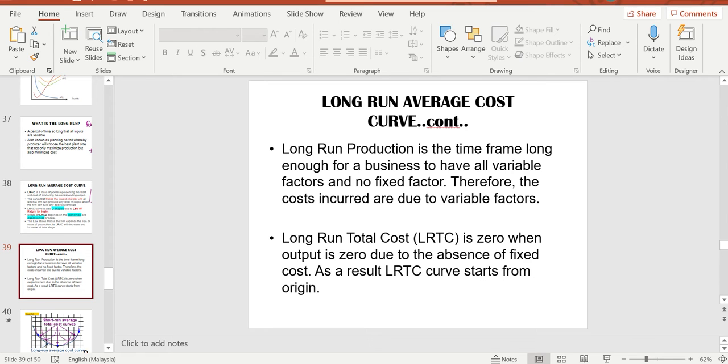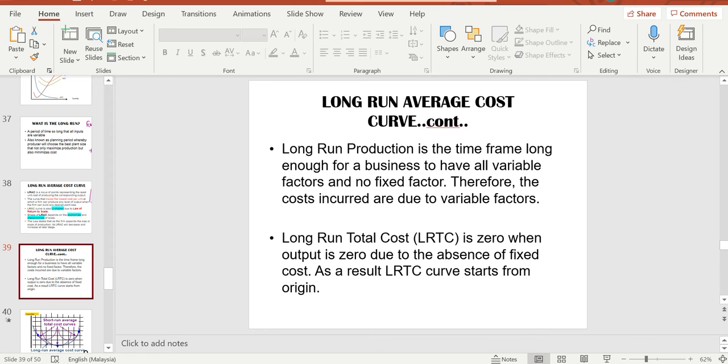Therefore, the cost incurred due to only variable factors, which is labour dan sebagainya lah, yang akan berubah-ubah. Same goes with capital. Dalam long run, capital pun akan berubah. Long run total cost is zero when the output equals to zero due to the absence of fixed cost.